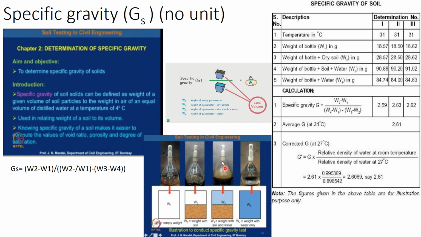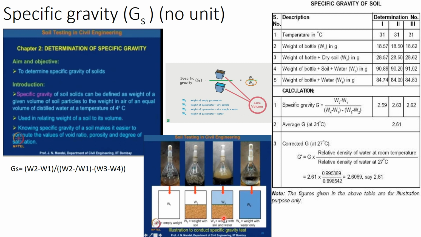When you boil on a hot plate, the entrapped air between the particles will come out. So we fill it 3/4, remove the lid, and boil it for some time. Then take it, cool it down, then add water up to the rim, close it, wipe the density bottle clean, then measure the weight.